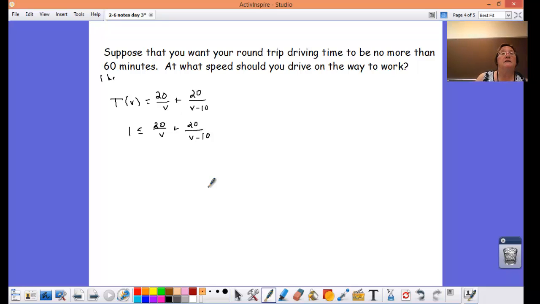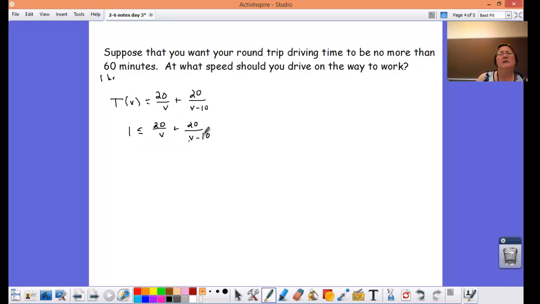Well, I'll give you my strategy. I'm going to multiply both sides by the common denominator here. Okay, so I'm multiplying both sides by v times v minus 10, and then I think I'm going to end up with an equation that will be solvable. Actually, we'll do that first step.